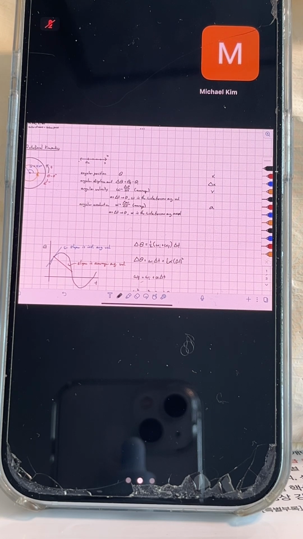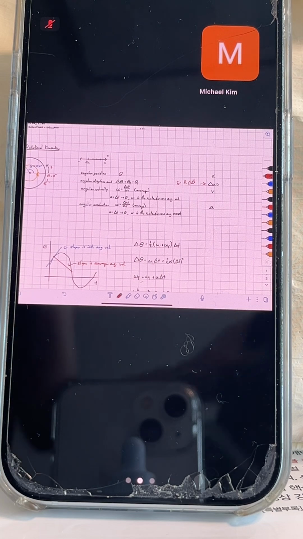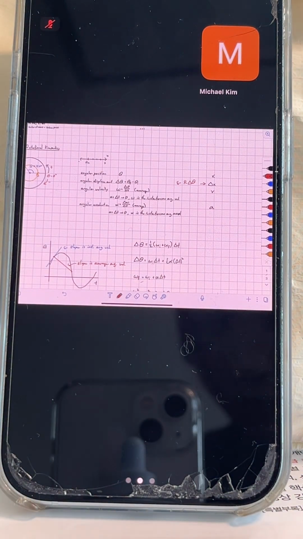And so we said that there are nice places where we link these two things. If I want to look at the distance that I'm covering, then what I can look at is my angular displacement, and if I multiply that by r, that effectively tells me how far I've actually moved, all right?